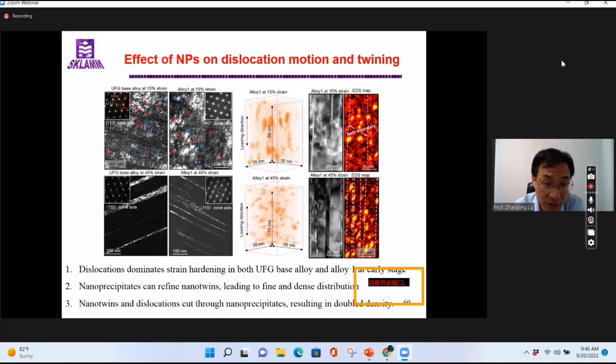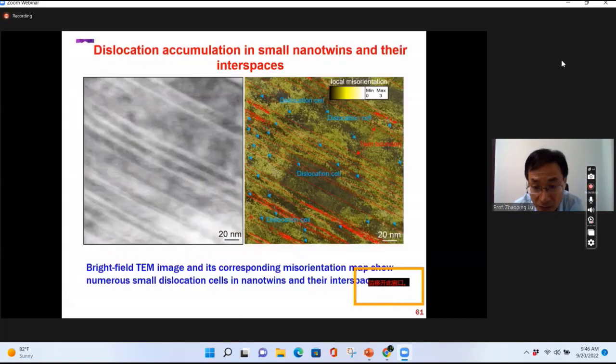And also, the dislocations are frequently found inside the nanotwins and at their interface, as confirmed by the bright field TEM image and the corresponding orientation map. So actually, these nanoprecipitates are beneficial for the dislocation movement and the twinning process. That's the reason why we observe the more pronounced work hardening capability.